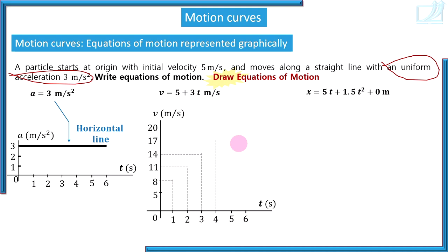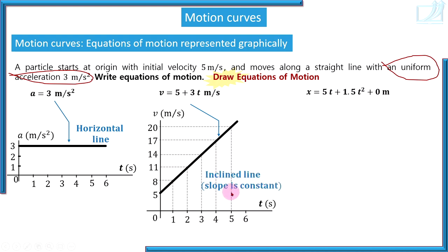And at any particular instant you want to know velocity, just put that instant value here and you will get the corresponding velocity. So if you join all these points, you get this straight line. So this straight line is y equal to mx plus c, or v is equal to u plus at. It is an inclined line. Slope is constant. You know that if a curve is y is equal to f(x), then dy by dx is its slope.